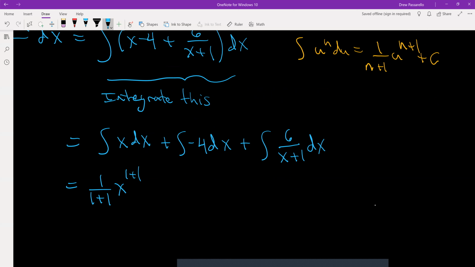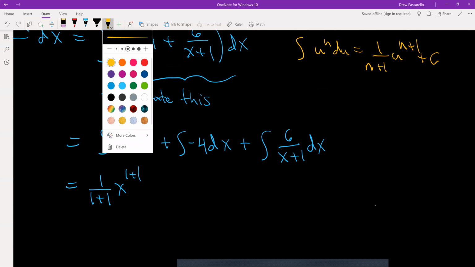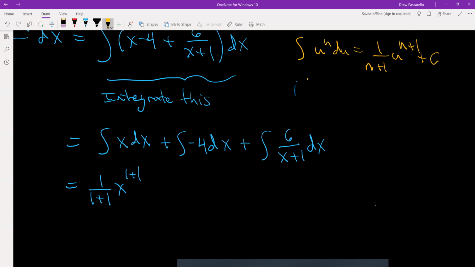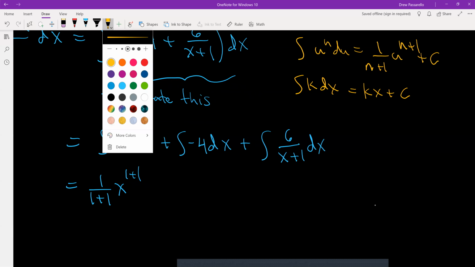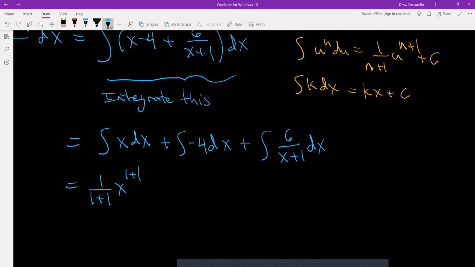And I'll write my constant of integration at the end. And integrating -4, well, that's another integration rule, integrating a constant. k dx becomes kx plus c. So integrating -4 becomes -4x. So the constant is -4.